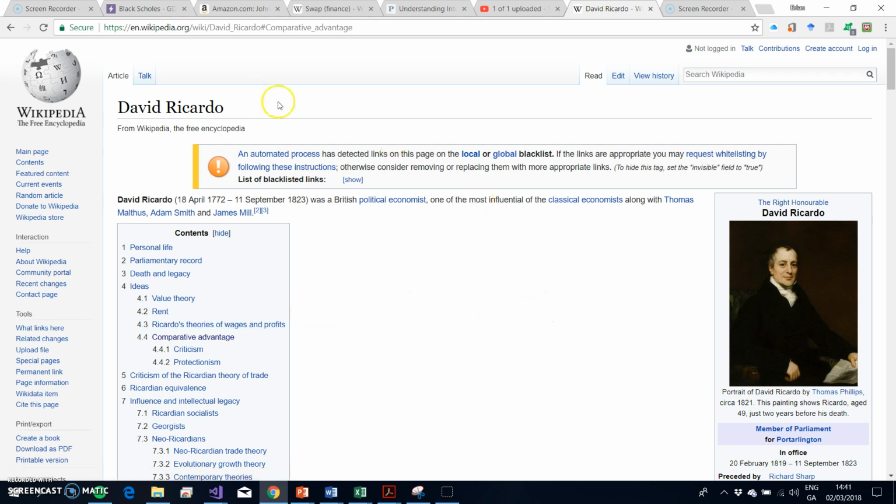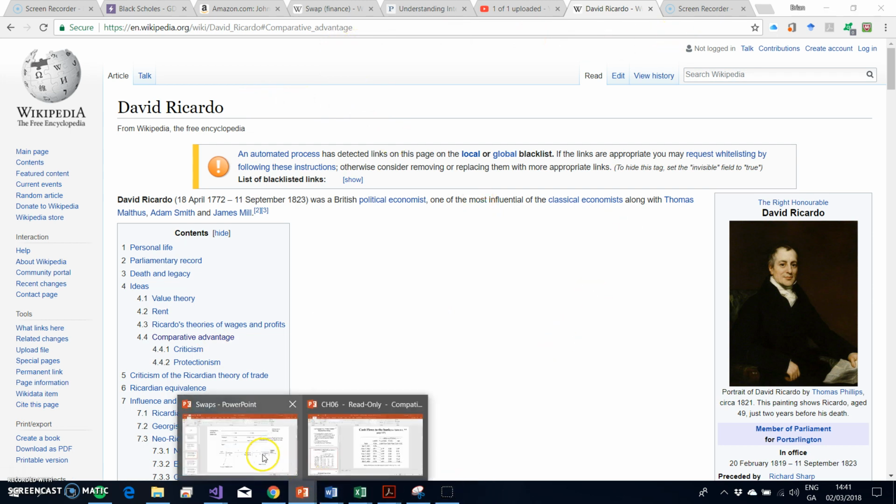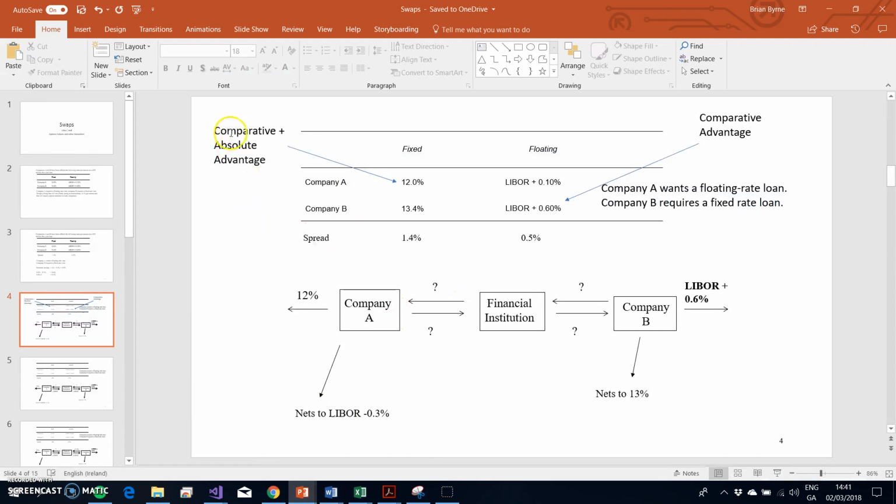Now that idea is borrowed here, and we certainly borrow the vocabulary of absolute and comparative advantage. We can see that Company A has a comparative, but more importantly, absolute advantage at the 12% fixed rate, and an absolute advantage at the floating rate.